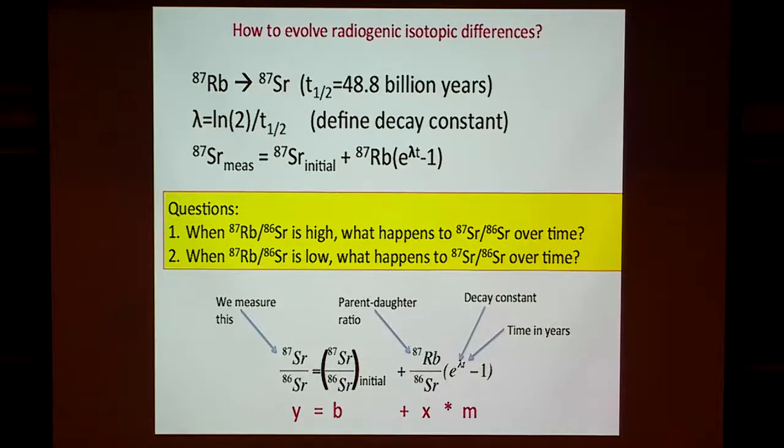Now, a fundamental aspect of isotope geochemistry is that we can measure isotope ratios much more precisely than we can measure concentrations.